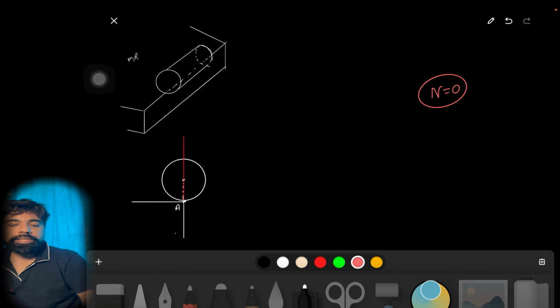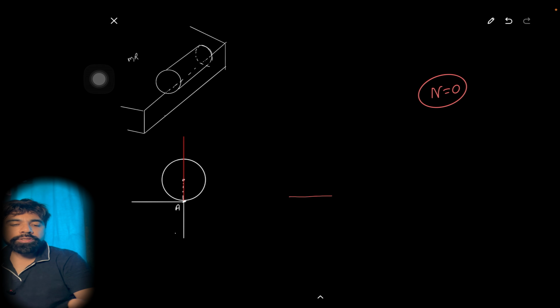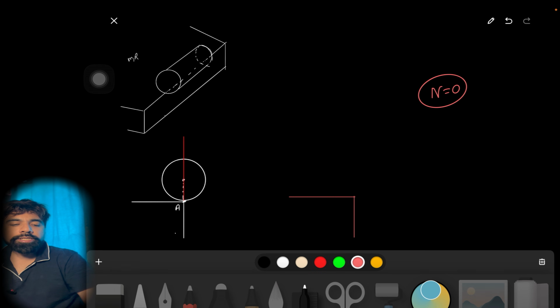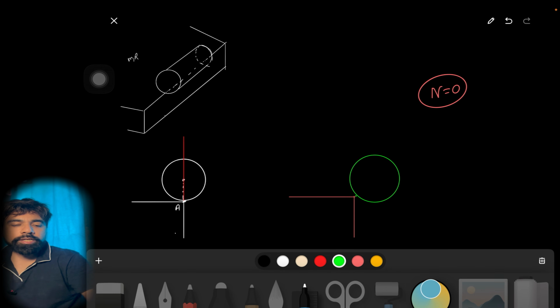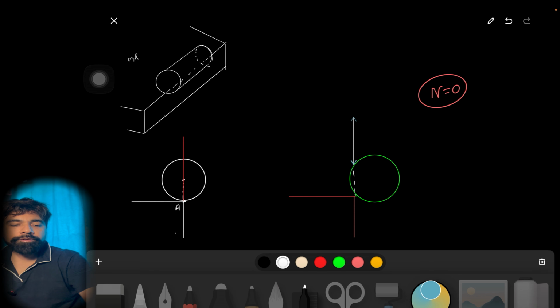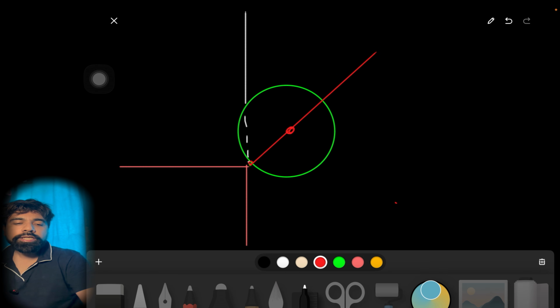Now when this cylinder is on the verge of losing contact, the cylinder would have rotated by a certain angle theta with respect to the vertical. So this white line is the vertical, and this is the center of mass line, the radial vector that passes through the center of mass. You can easily understand this is the angle of rotation, and we need to find out this theta.